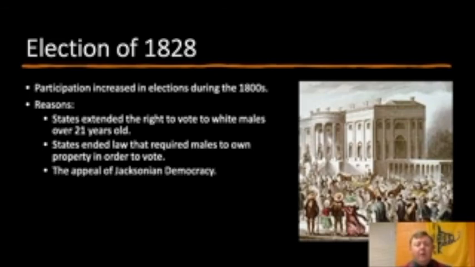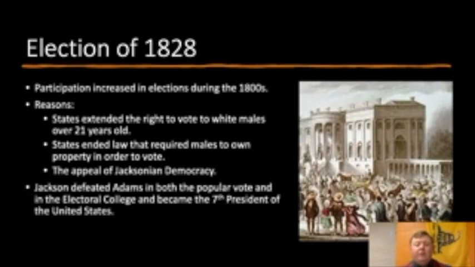And a lot of people came out to vote because of the appeal of Jacksonian democracy. What Jackson was promising people in his campaigns really brought out a lot of people to vote for him. So Jackson defeated Adams in both the popular vote and the Electoral College, and went on to become the 7th president of the United States.